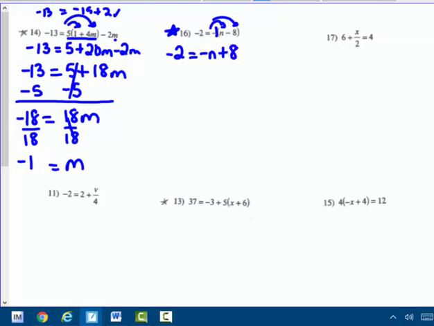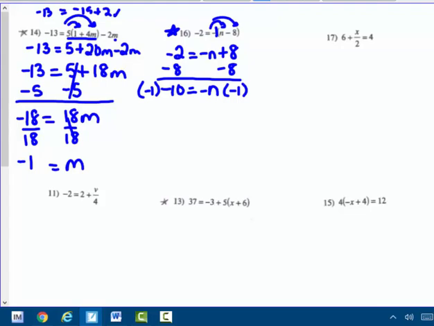So now I have a negative n. I'm going to solve that in just a minute. Remember, I did that in the first problem. Cannot solve for negative n. So I'm going to subtract 8 from both sides. And I get negative 10 equals negative n. Well, can't solve for negative n. So I'm going to multiply both sides of the equation by negative 1.